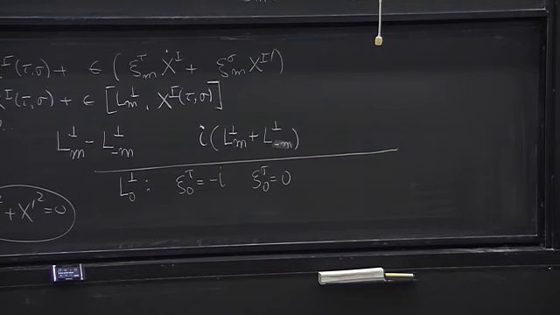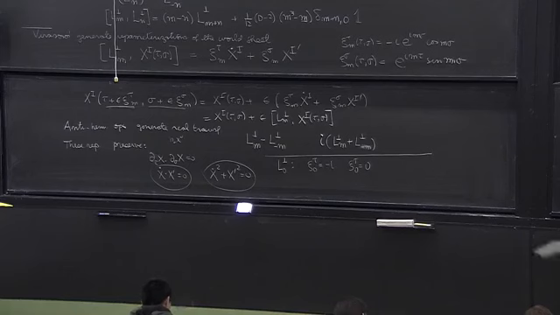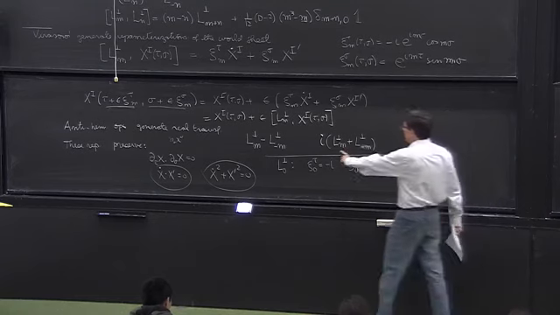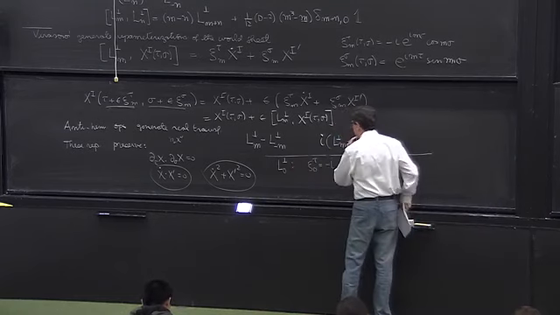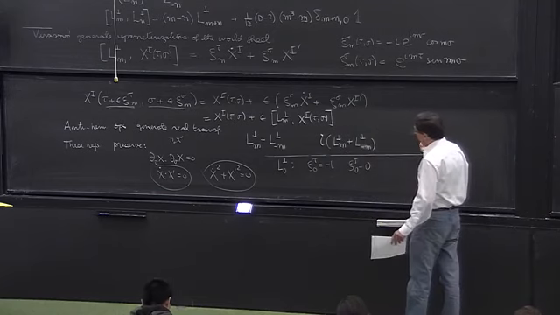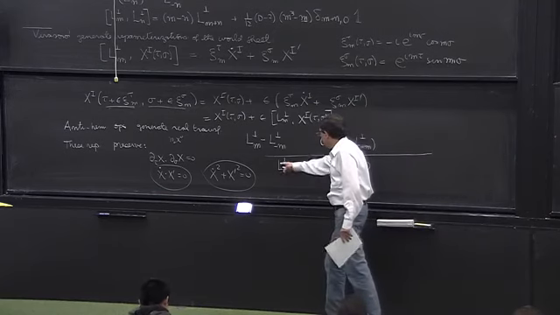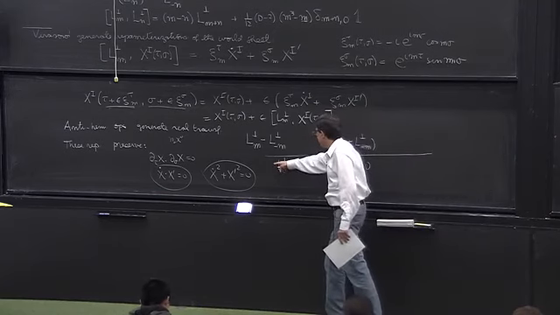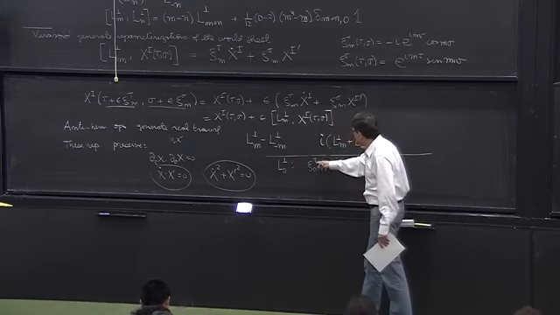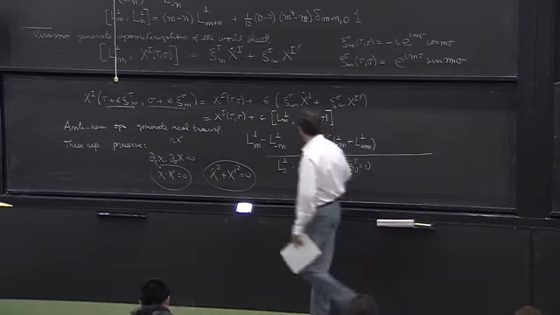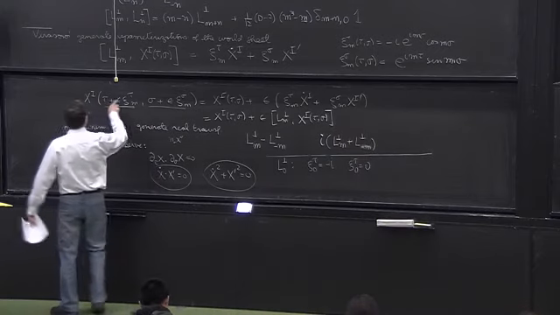That rings a bell, I think, because i L_0 perp, which is anti-Hermitian, generates a constant translation in tau. Remember, psi tau changes tau.